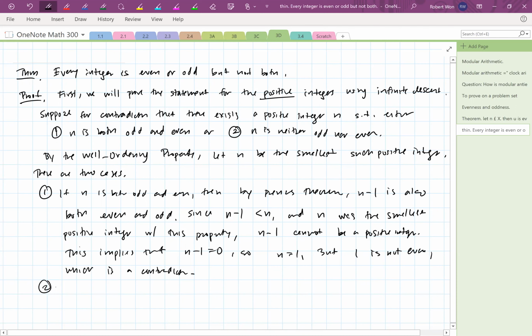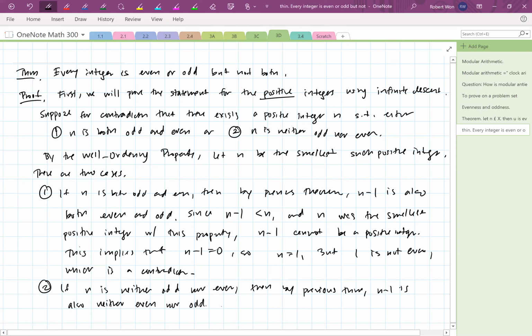Case two: if n is neither odd nor even, then by the previous theorem, n minus 1 is also neither even nor odd. Because if n is not odd, then n minus 1 is not even, and if n is not even, then n minus 1 is not odd.